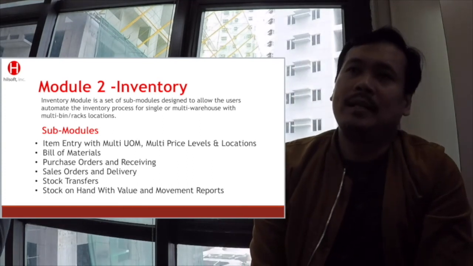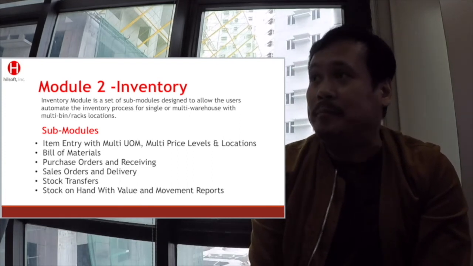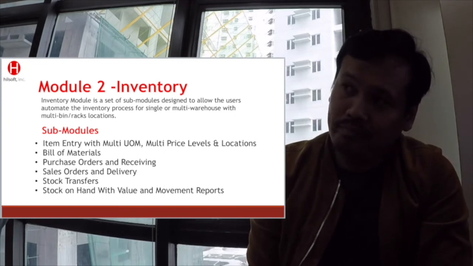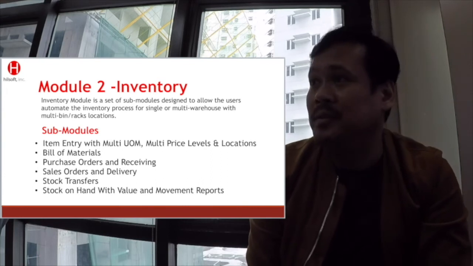Bill of material. Soon, ano ang bill of material? Bill of materials, ito yung list of items, ito yung components na kailangan mo para ma-manufacture yung isang item. Yeah, but what is that for?